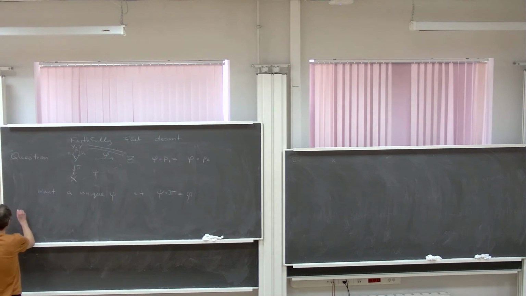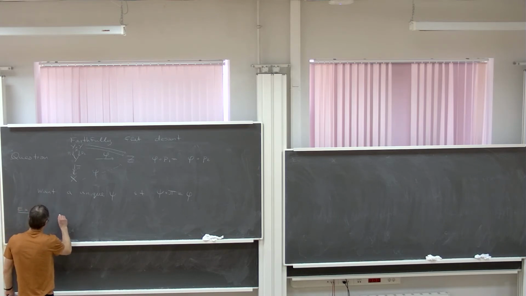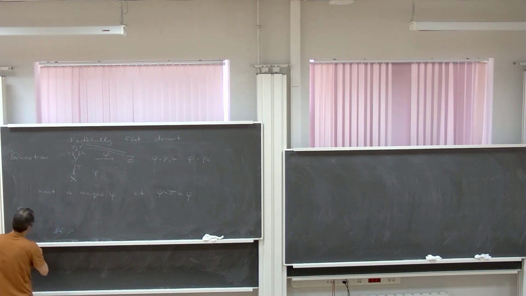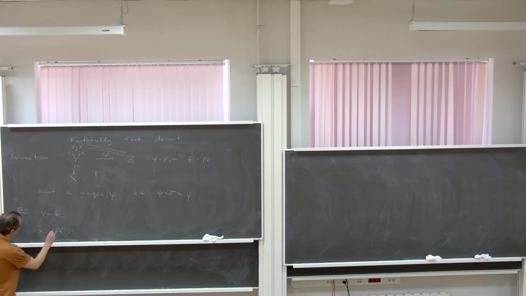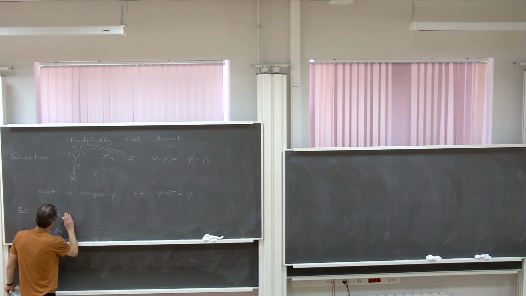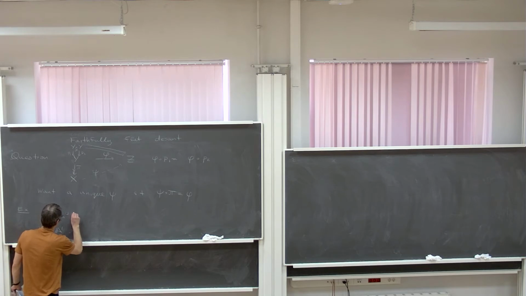So, for example, let's take A1 as our X, and let's take for Y A1 minus 0, which is called Gm, the multiplicative group, plus one point, the disjoint union with spec K, right?